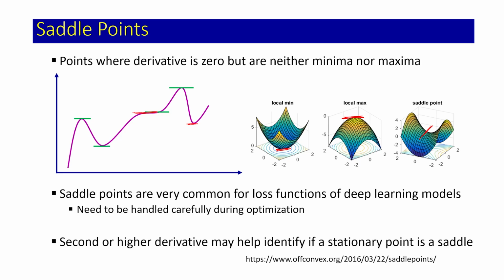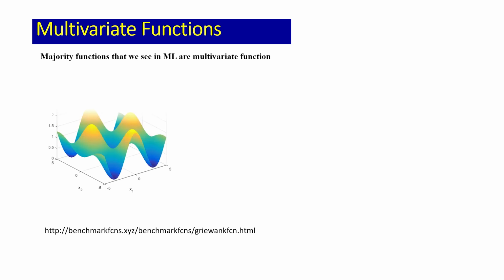That is why the second derivative or higher derivatives come in handy. They can allow you to find that out. But as I said, deep learning uses many complex data and a large number of variables or many kinds of features. So, this loss function will be a multivariate function.